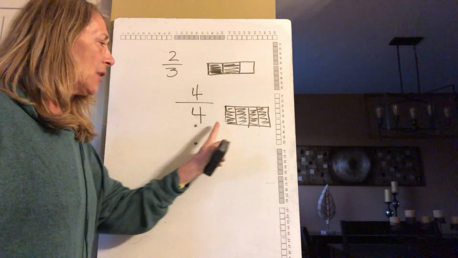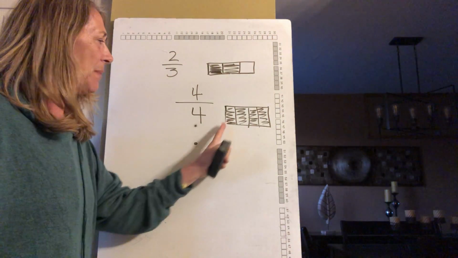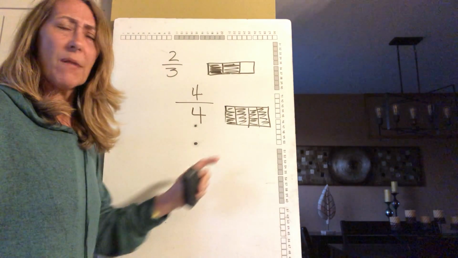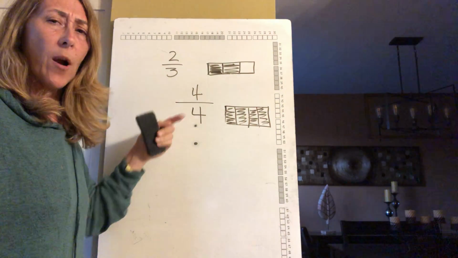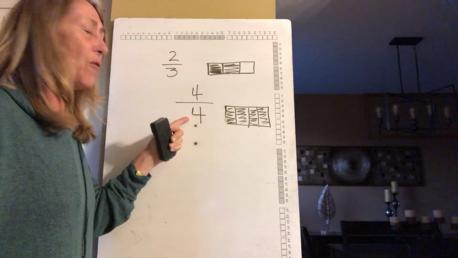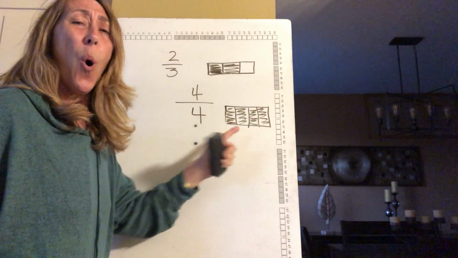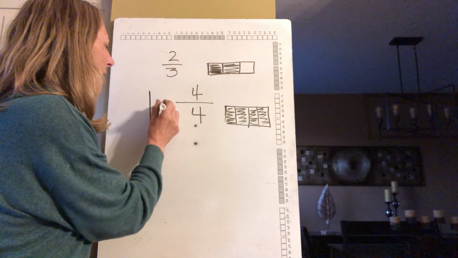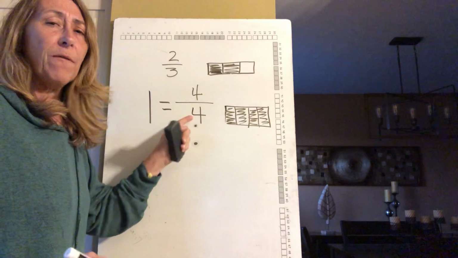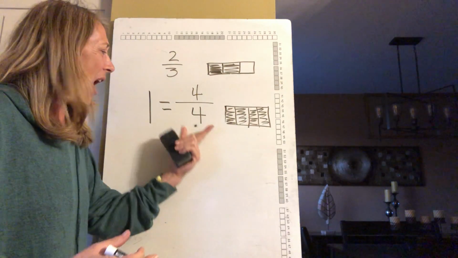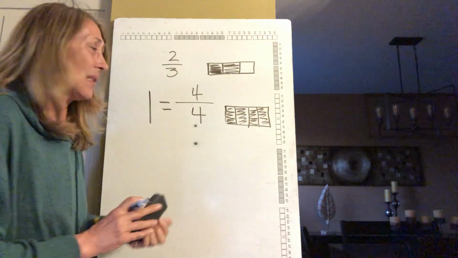So my bar is split into 4 pieces, and I'm talking about 4 of those. So 4 out of 4. 4 pieces out of 4 pieces means the whole thing. So 1 equals 4/4. It means I have all the pieces.